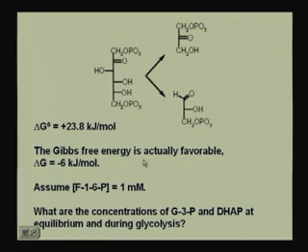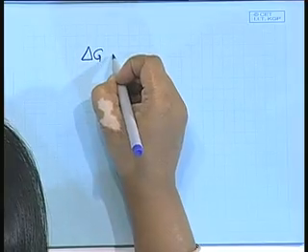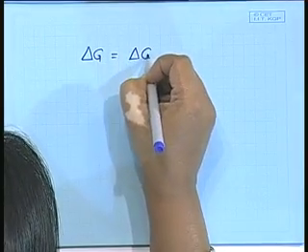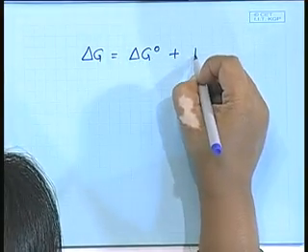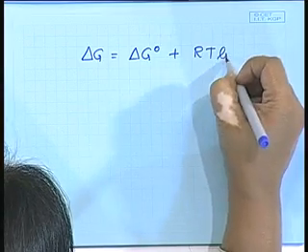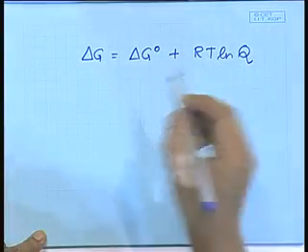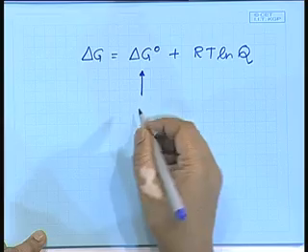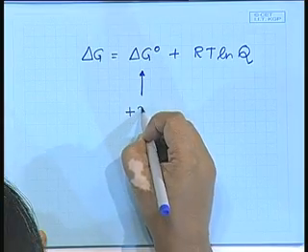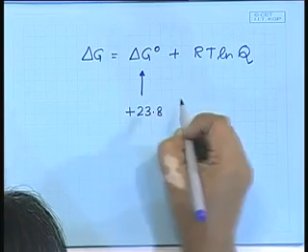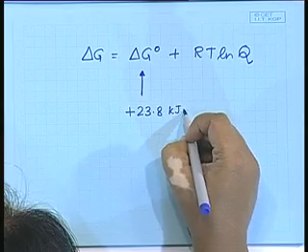The Gibbs free energy is actually favorable. What does that mean? Let us just write this down clearly. I have a delta G and I have a delta G0 plus RT ln Q. This value is plus 23.8 kilojoules per mole.